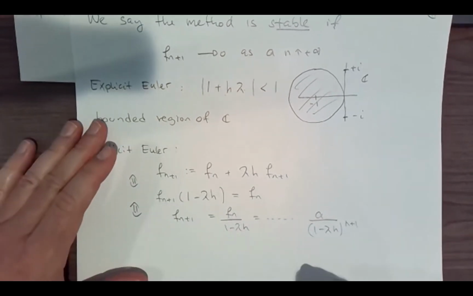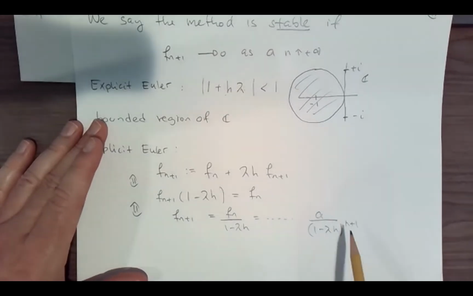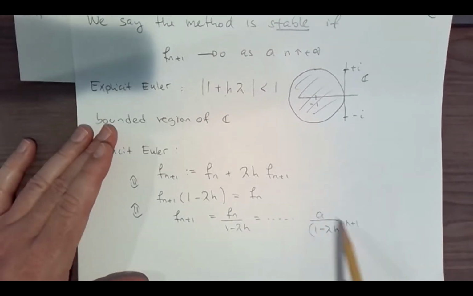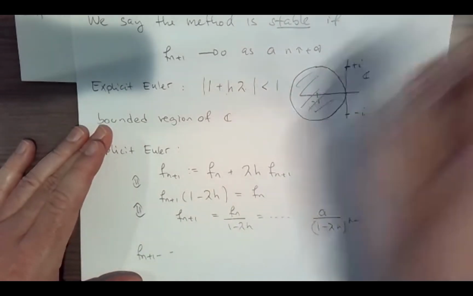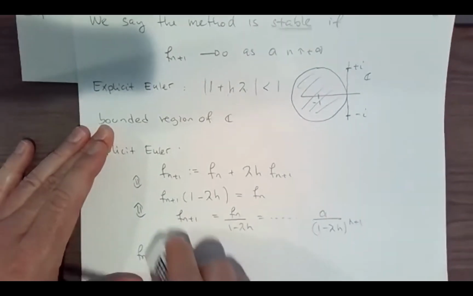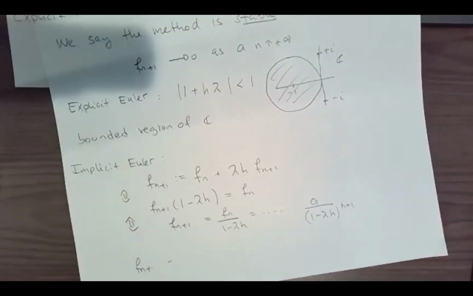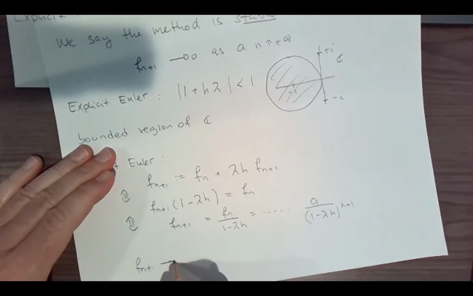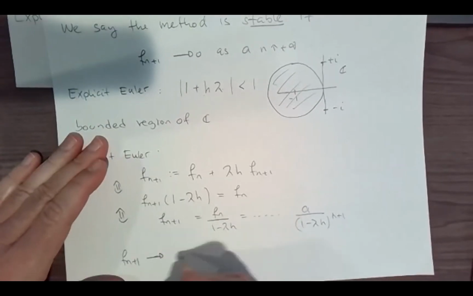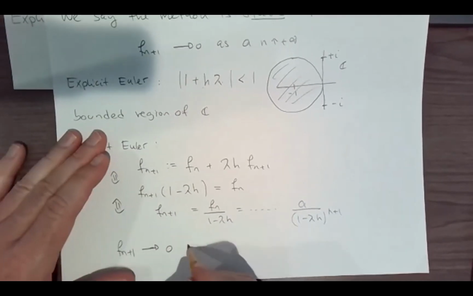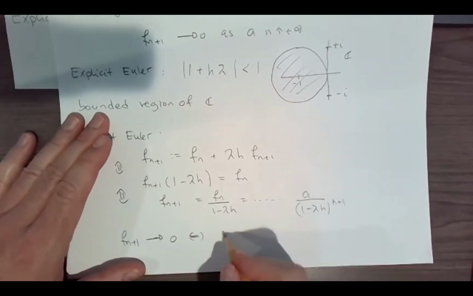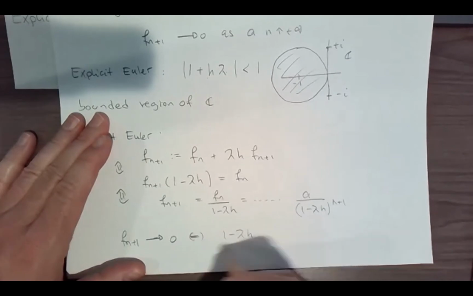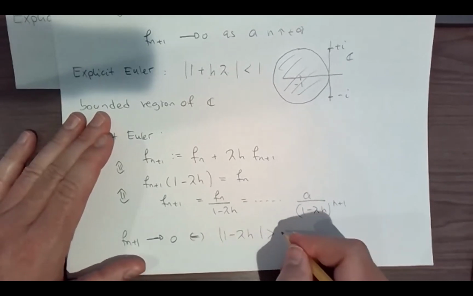So when is this stable? We're going to get here that fn plus 1 converges to 0. This is dictated by this one here being big. So this is 1 minus lambda h being bigger than 1.